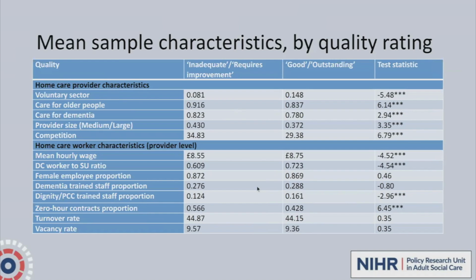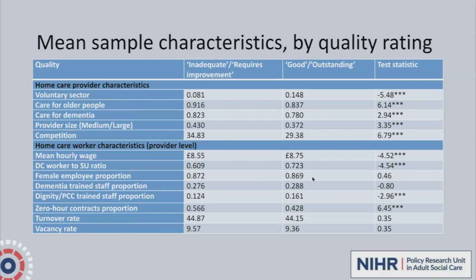And for staffing, they have significantly fewer employees employed on 0 hours contracts with no fixed hours of work, and they have a significantly higher direct care worker to service user ratio, and a significantly higher average hourly wage. But certain other factors aren't significant, such as turnover rate. There are no significant differences when just comparing simple means between turnover rate and vacancy rate, for example.